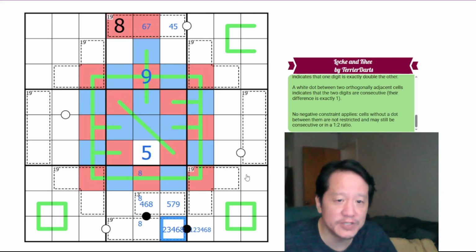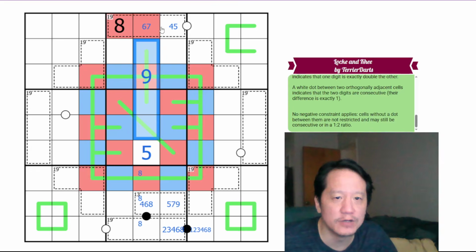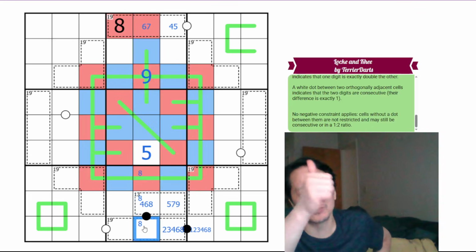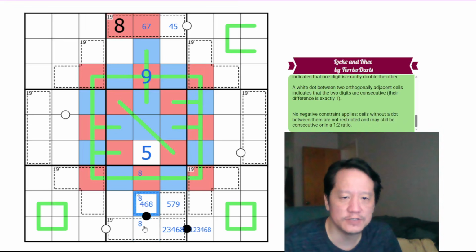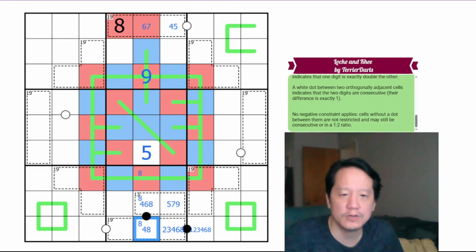So this must be a high-low combination because we have 3 lows and 3 highs already in column 5. Well, to have a high-low combination, it's either 3, 6 or 4, 8. So either this is 4, 8 as a pair, or you have 3 here with 6.